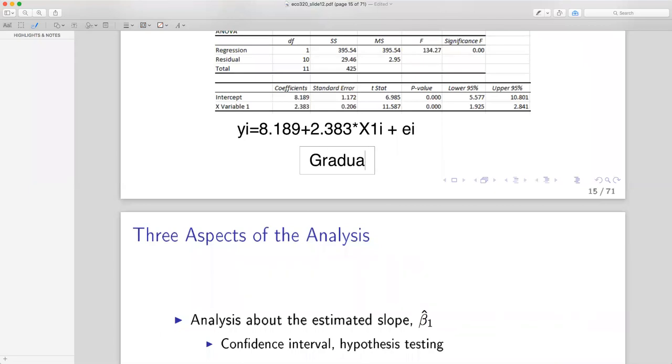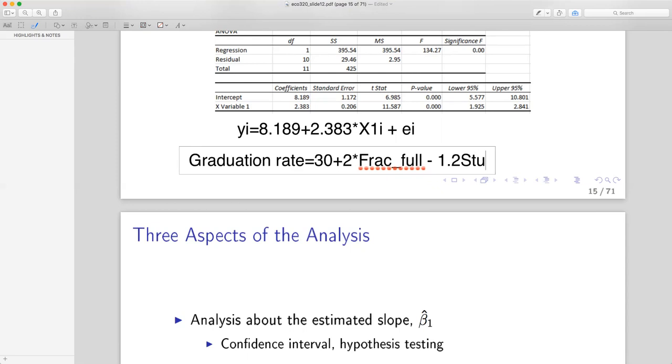Graduation rate equals something that I'm just making up. Say 30% is the intercept, and then plus 2 times the fraction of full time, minus 1.2 times the student faculty ratio, something like that.